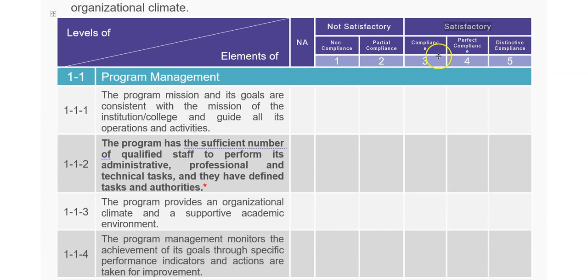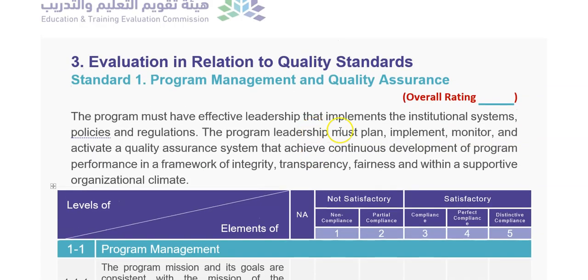Satisfactory has 3 grades: compliance, perfect compliance, and distinctive compliance. So for this criterion, you can evaluate at minimum by compliance. The other criteria can be 2 or more, but the overall rating should be 3 or more.